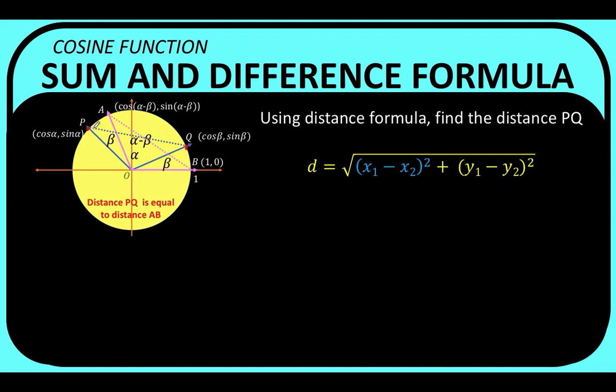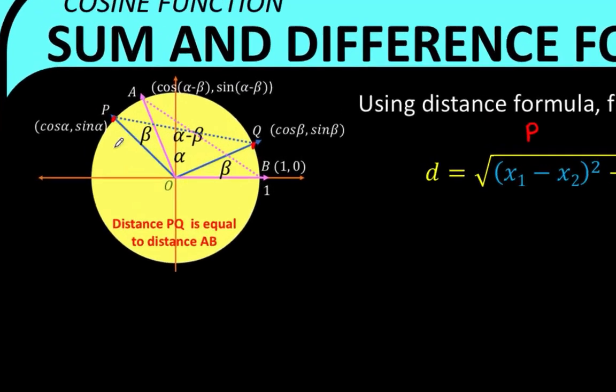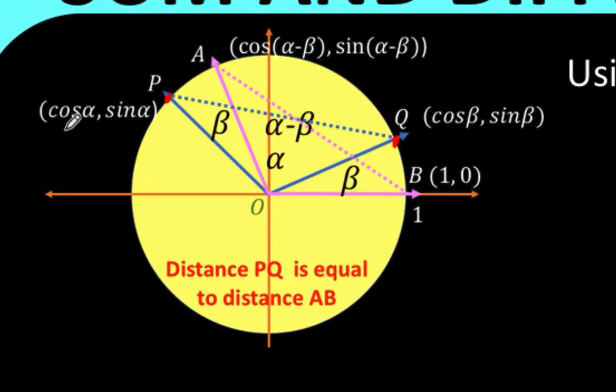Since we are getting the distance between point P and point Q, our x sub 1 is the x-coordinate of point P, which is cosine alpha, and our x sub 2 is the x-coordinate of point Q, which is cosine beta. For y sub 1 and y sub 2, the y-coordinate of point P is sine alpha, and the y-coordinate of point Q is sine beta.